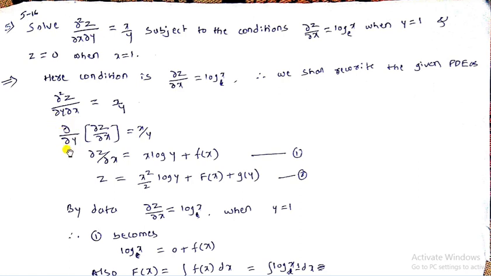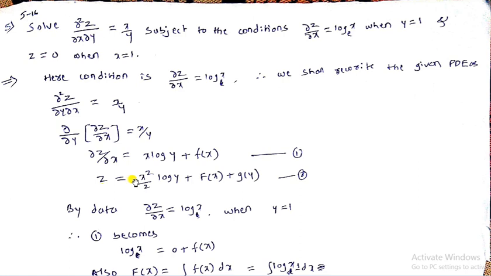So this ∂/∂y cancels out: ∂z/∂x = x times the integration of 1/y, which is log y, plus the arbitrary constant f(x). Now integrate with respect to x and add g(y) as the arbitrary constant.